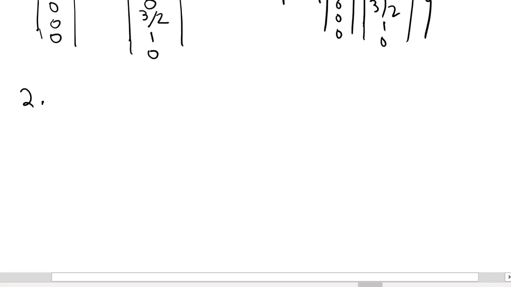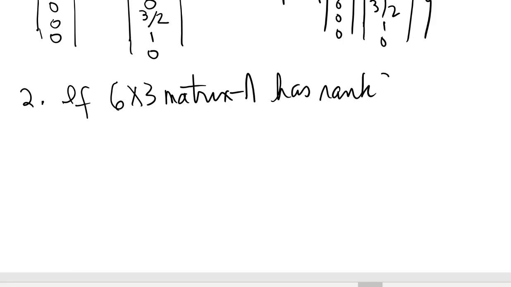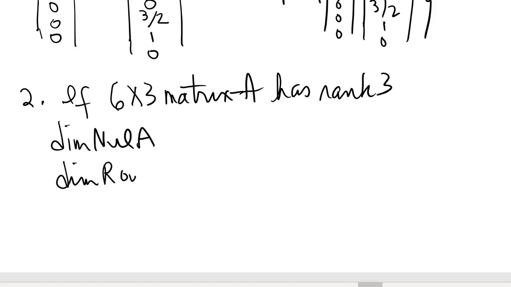All right, in problem 2, a 6 by 3 matrix A has rank 3. Find the dimension of null of A, find the dimension of row of A, and find the rank of A transpose.